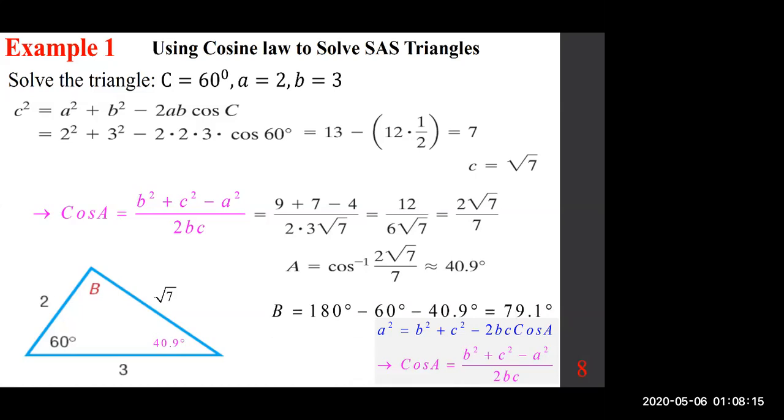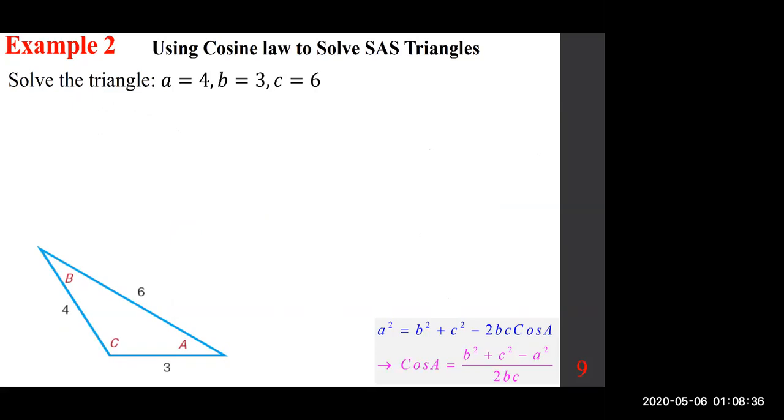At this point, you may be able to use the sine law to get there. For the sake of the section, we use the cosine law, but understand that for the first step, the cosine law is a must, then finding the rest of it, you have a lot of choices. All right, and so we got those. Let's look at this example, class.